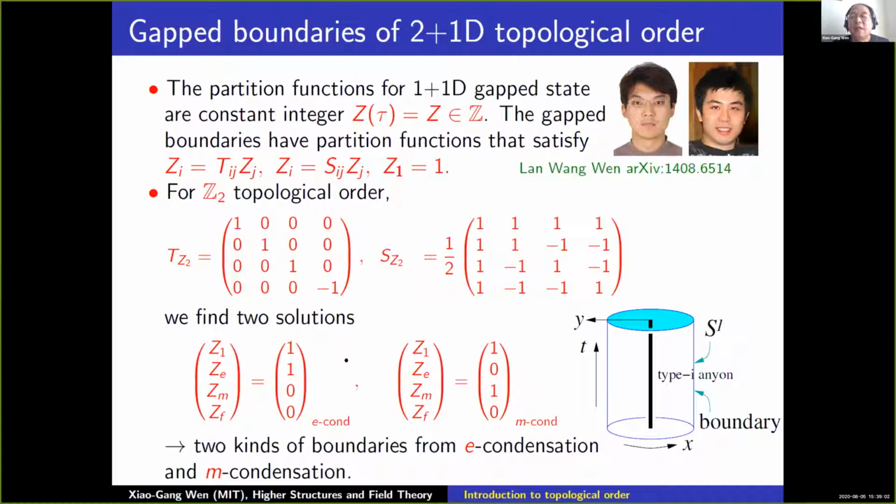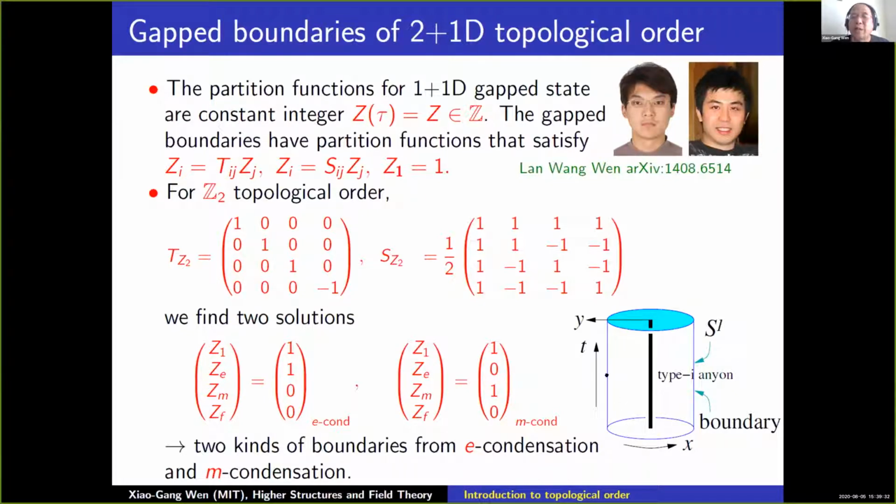Okay. However, if you insert an E in the middle, that's impossible. We cannot create an E alone. So we can create a pair of E particles in the bulk, then move one bulk E particle to the boundary. If the boundary can absorb this E particle, then we arrive at a situation where we have a single E particle in the bulk, but another E particle is absorbed by the boundary.